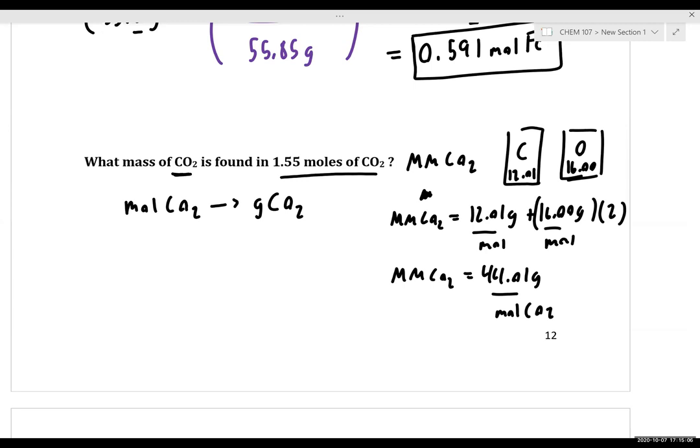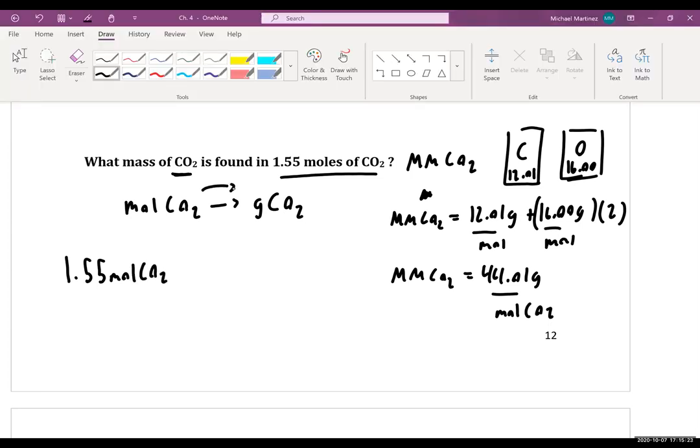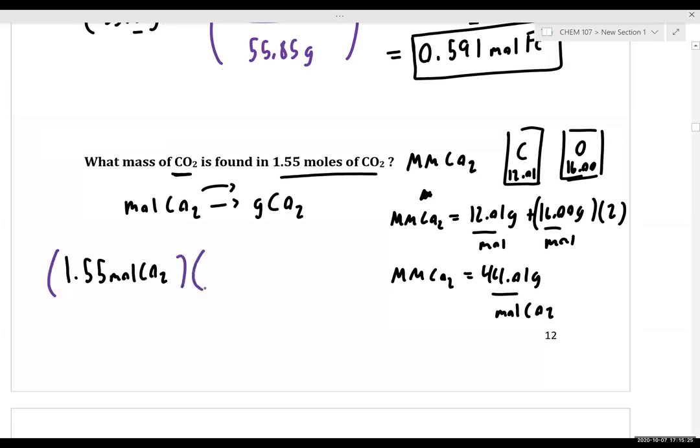Does this make sense to everyone so far? Yes. Perfect. So to go from moles of carbon dioxide to grams, I'm going to plug in my initial moles of carbon dioxide. And since I'm going to grams, I'm going to need grams on top. So we have 44.01 grams of carbon dioxide per 1 mole of carbon dioxide.